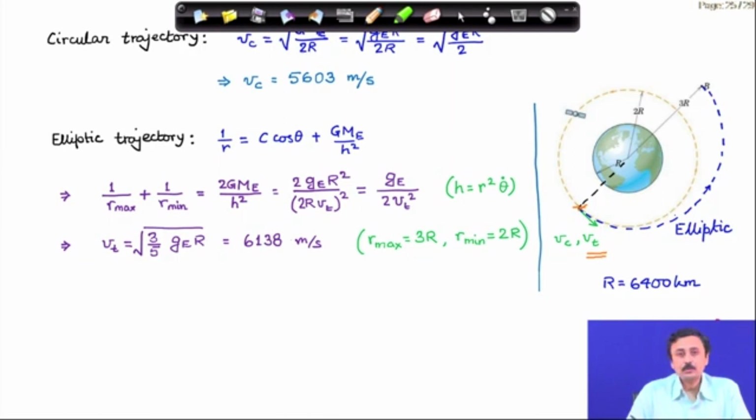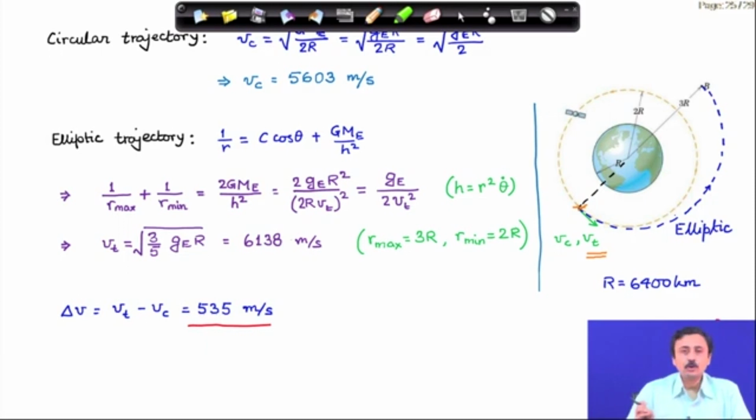For the particle to traverse on the elliptic path should be 6138 meters per second. On the circular path it was 5603, and on the elliptic path it should be 6138. Therefore, there has to be a boost of 535 meters per second at that perigee point.